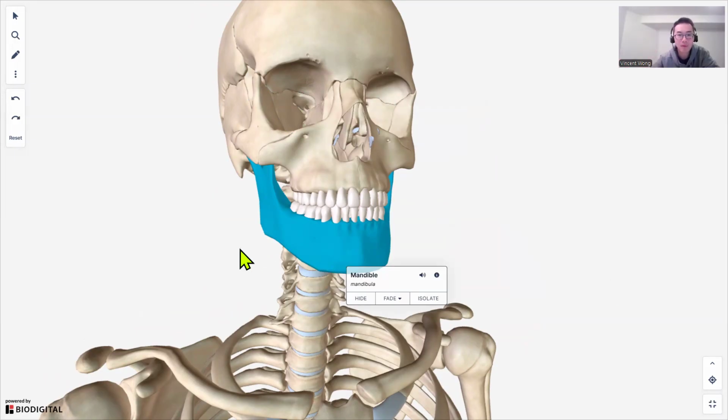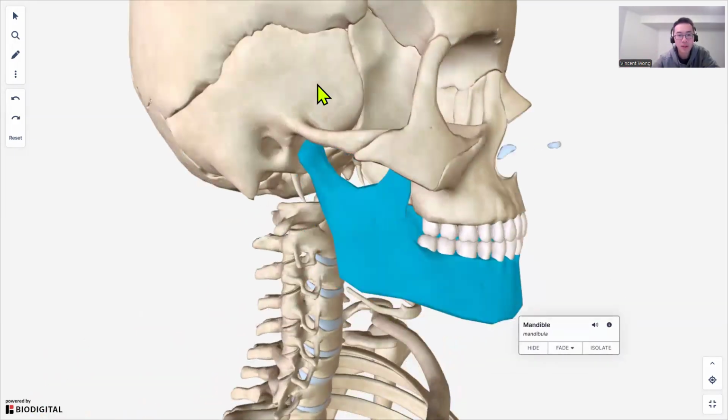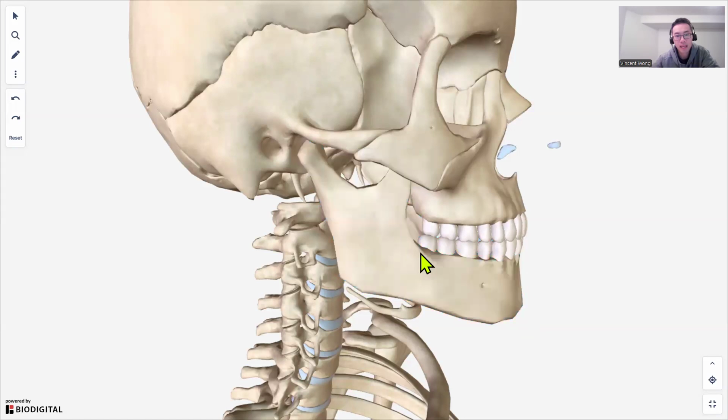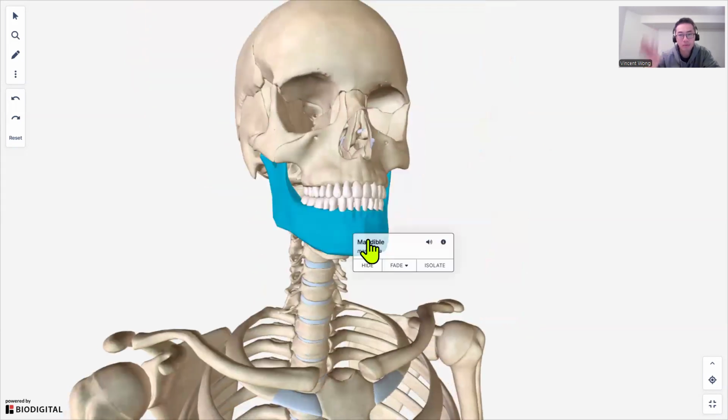The mandible forms a joint with your temporal bone. This is called the TMJ. Your dentist might have mentioned that to you. Some people, when they move their joint, hear a clicking sound at the mandibular temporal joint right here, and it allows you to move your mouth to chew.